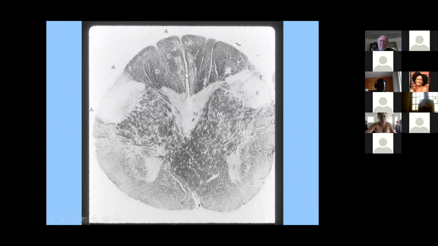We basically see the letter B, and what we don't see is a stain that's picking up the myelin. Why? Because right here in B is actually cells, and what are they? They're the cells of the nucleus gracilis.